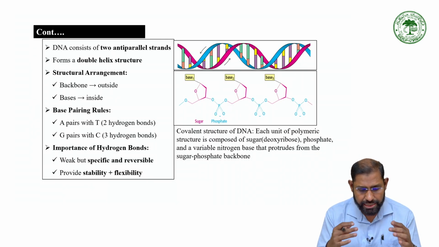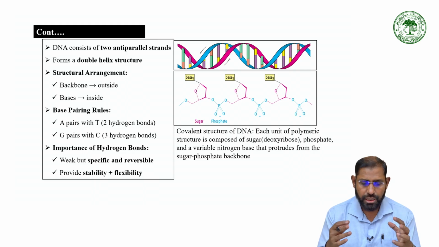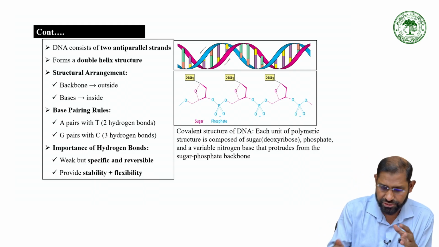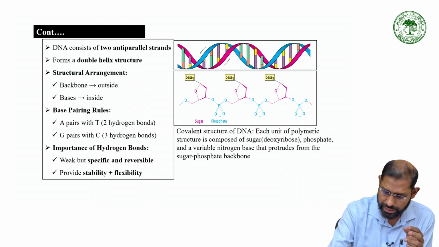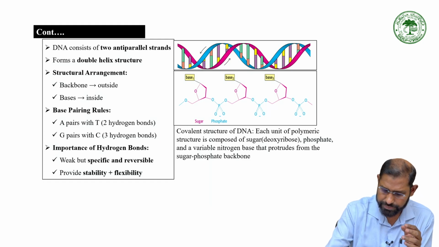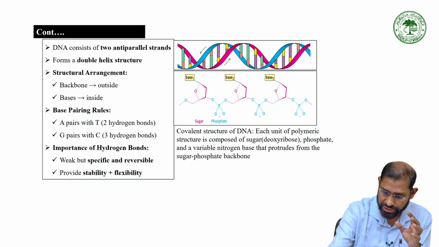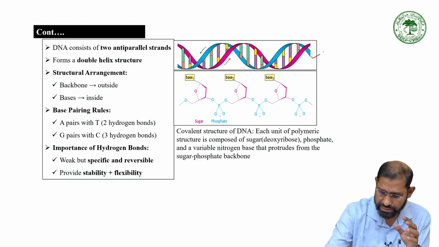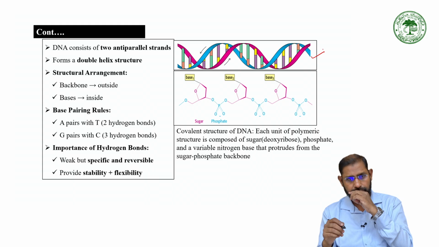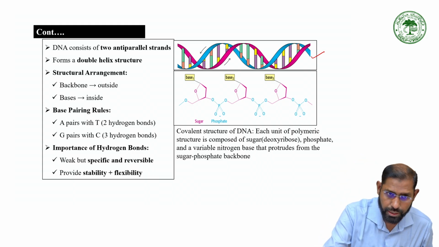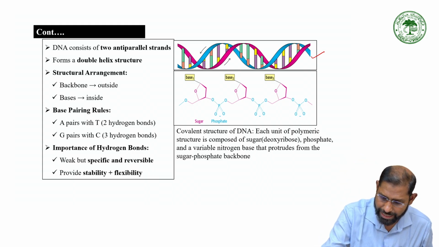DNA, as already mentioned, consists of 2 anti-parallel strands, and these form the double helix, the helical structure. This is also called the backbone of the helix.